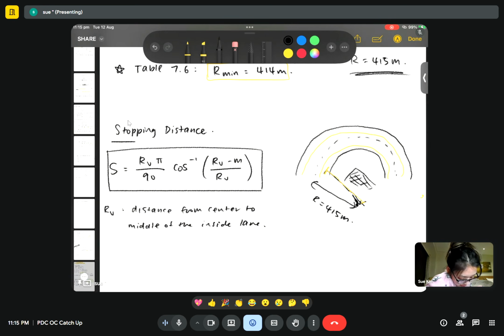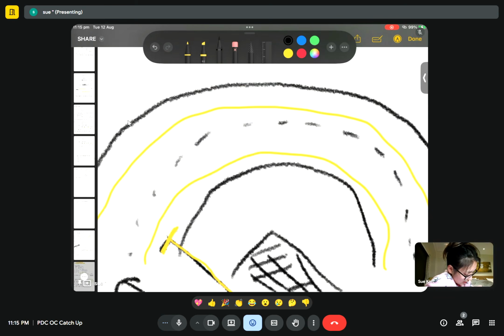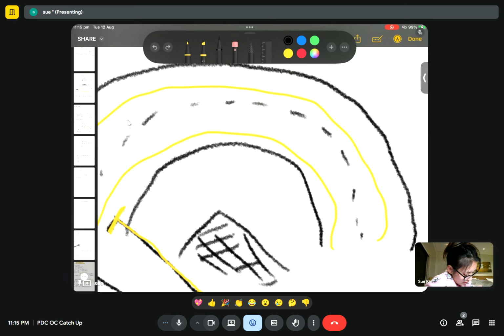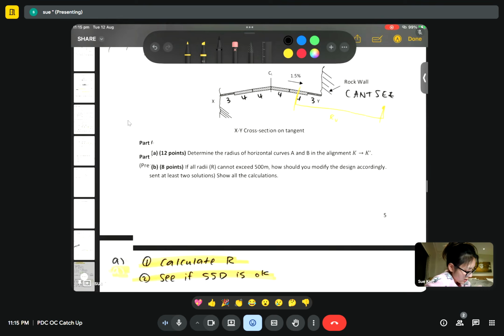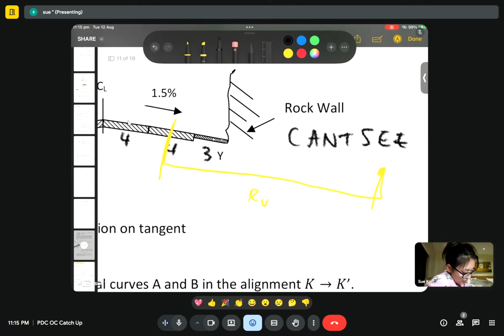M is the distance from the wall to the middle of the inside lane. So that's going to be from here, from the middle to the edge of this wall, which is M. And that's actually the same as from this wall to this point as well.